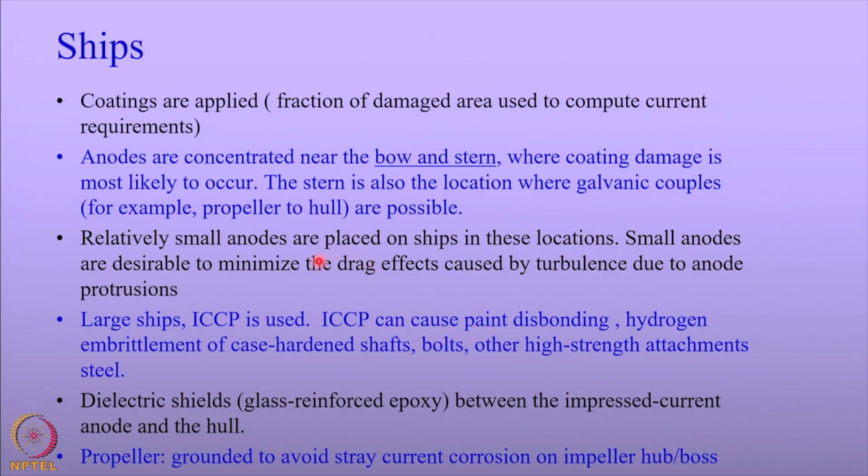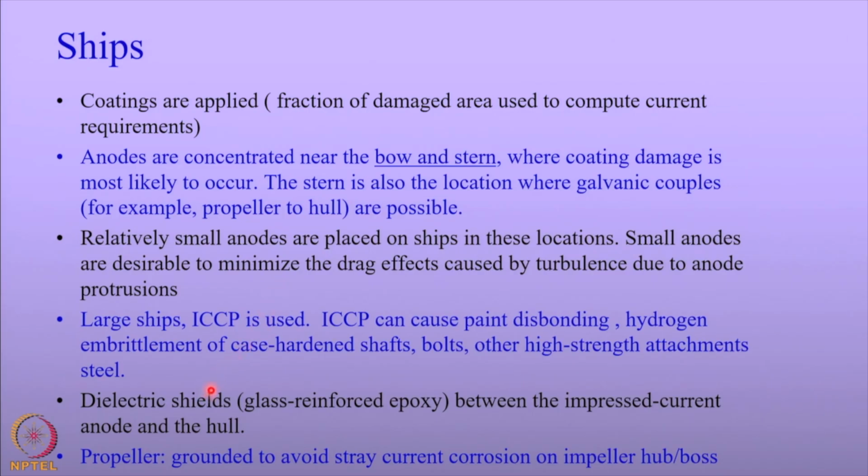One of the problems in using ICCP for the ship hull is that these anodes are mounted on the ship hull. So, they should be electrically isolated, otherwise the ship hulls will become effective anodes for passing current, and so they will suffer huge corrosion.